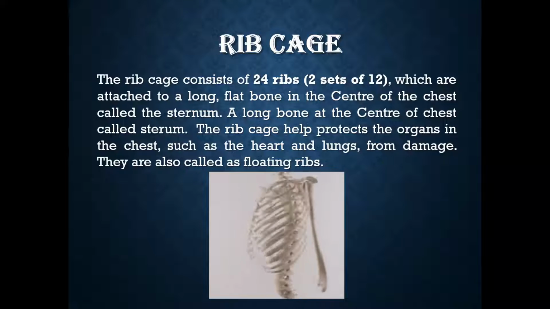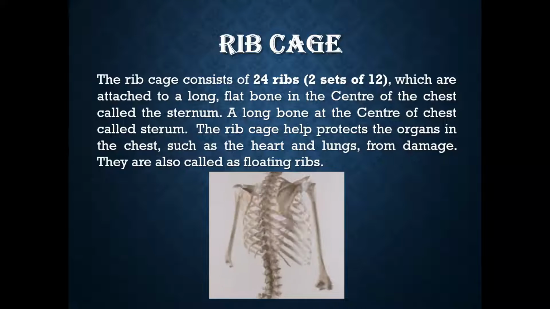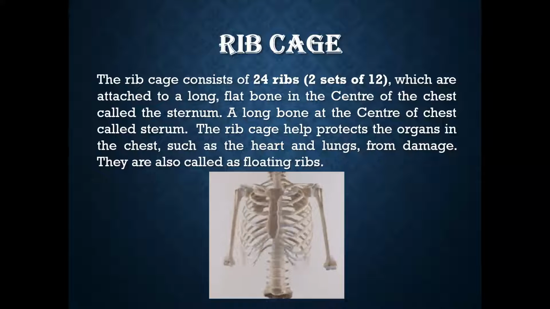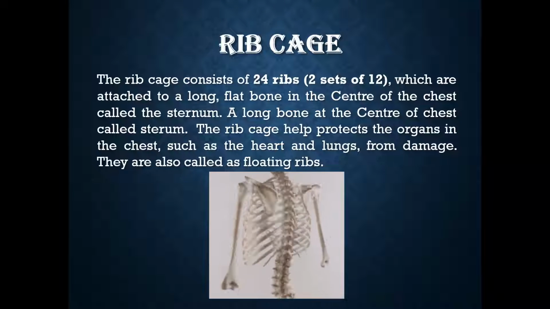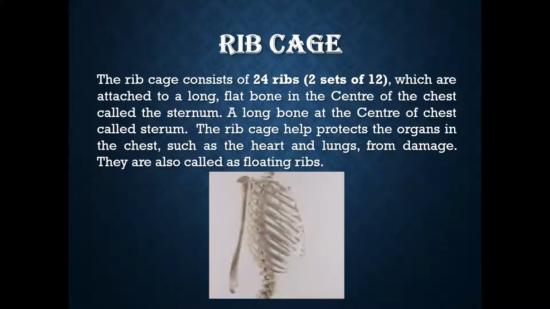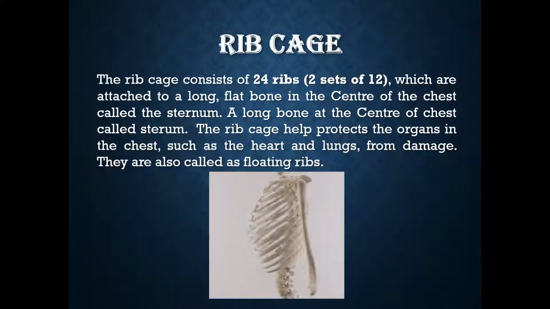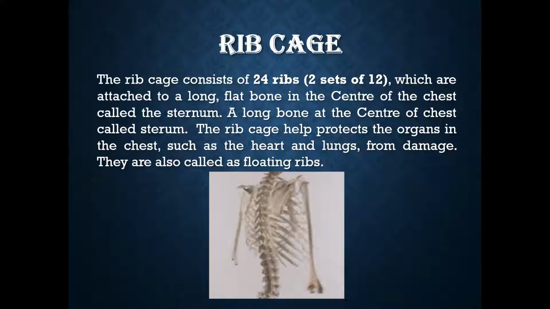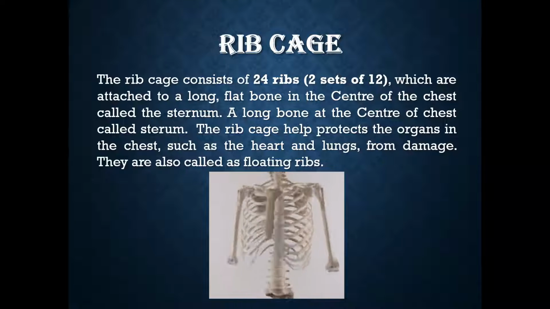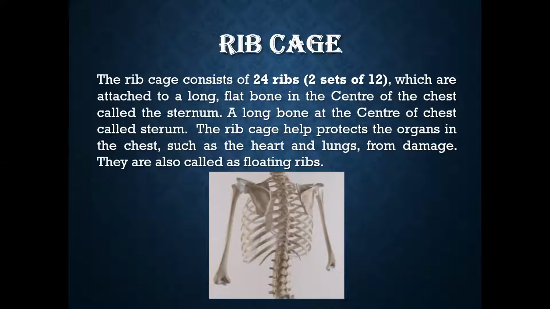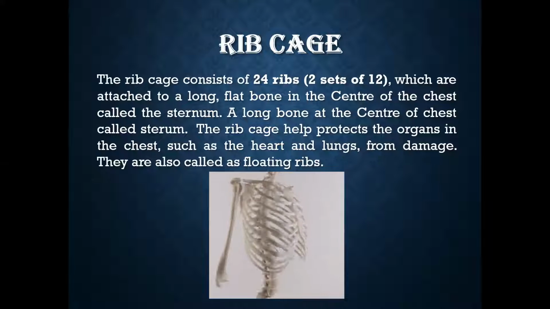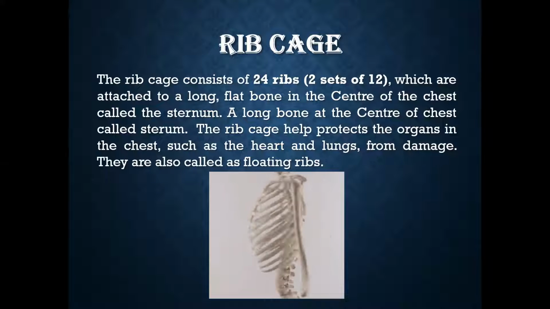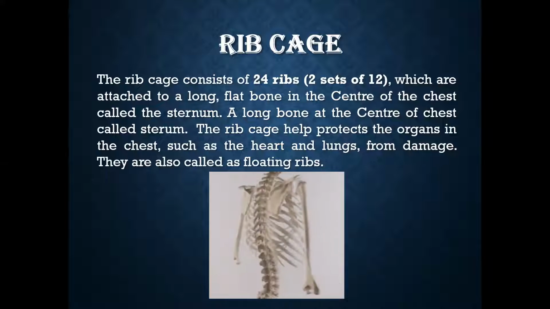ribs. Once again, ribs are thin, flat, and curved bones. They make a cage around our chest. This is called the rib cage. It protects our heart and lungs. There are 12 pairs of ribs in the rib cage.